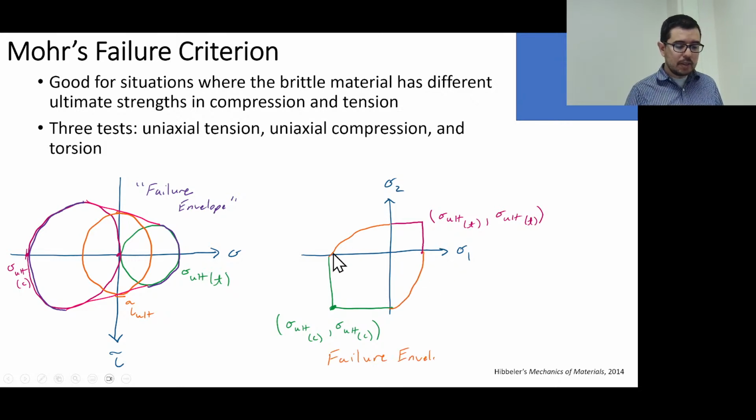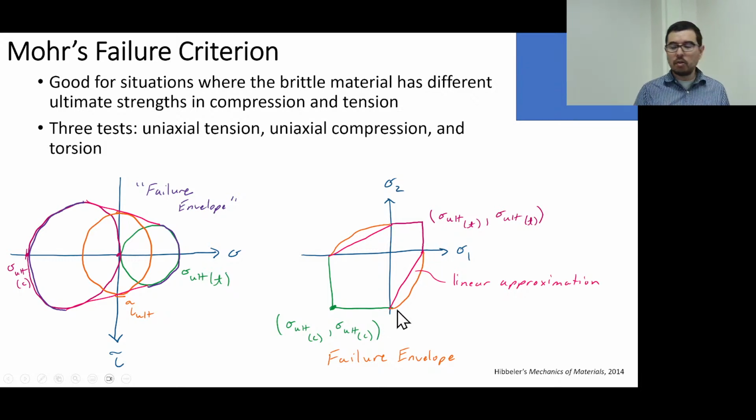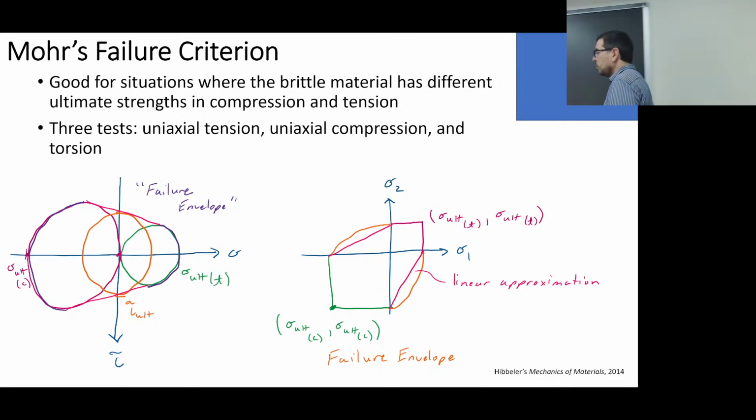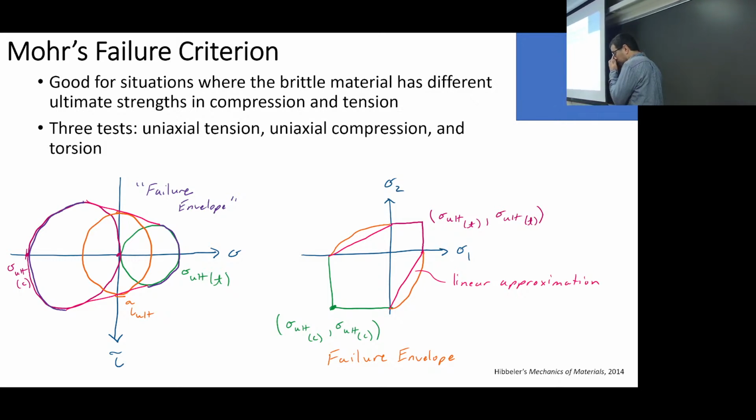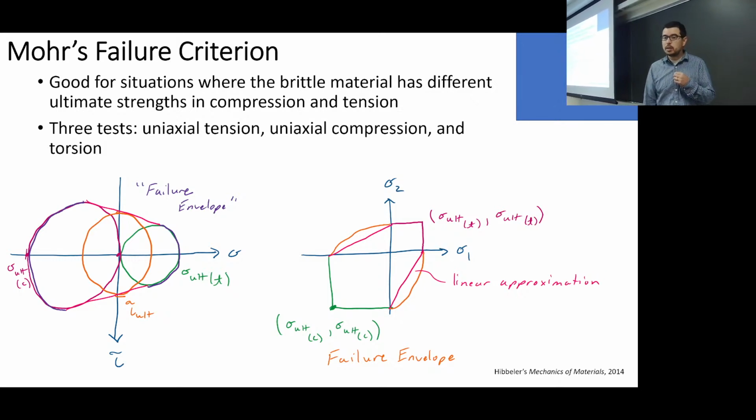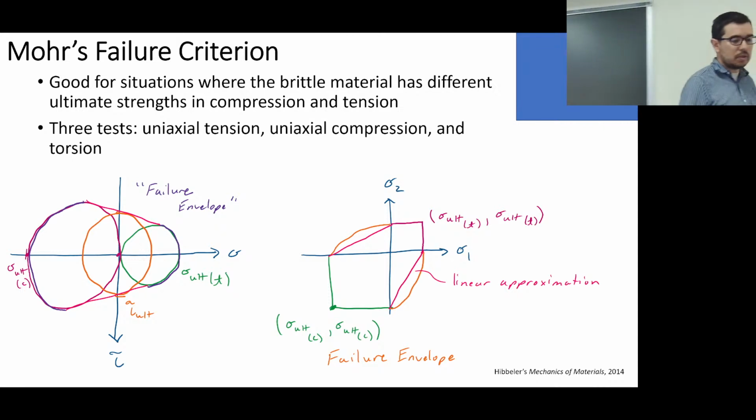Over here you have this curved line that would go between these points in quadrant 4 and these points in quadrant 2. Then we usually go one step further and make a linear approximation for this curve. And so this is now what we call Mohr's failure criterion. It looks like a modified version of the maximum shear stress theory, actually, but it's what we use for brittle materials.